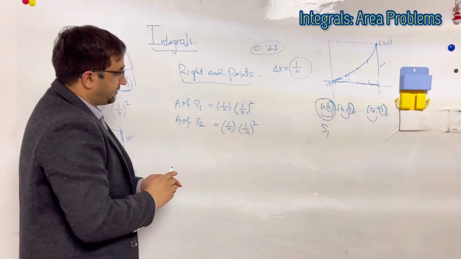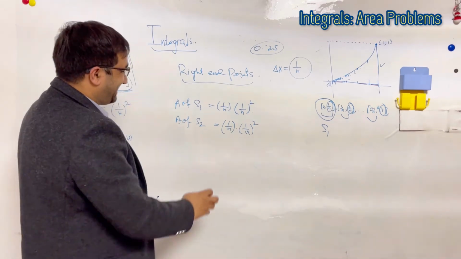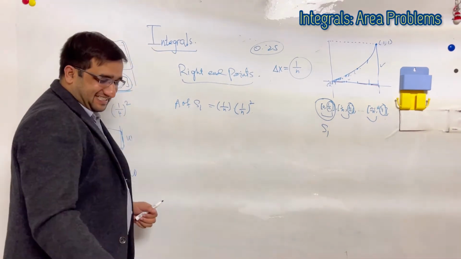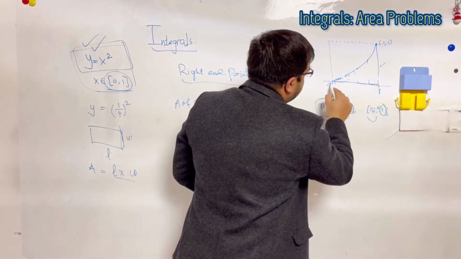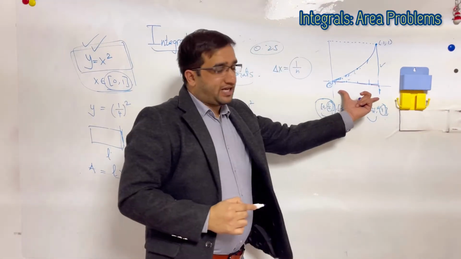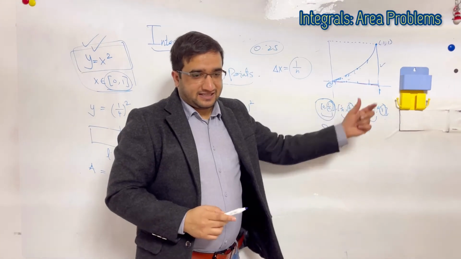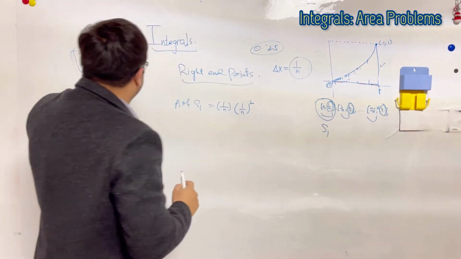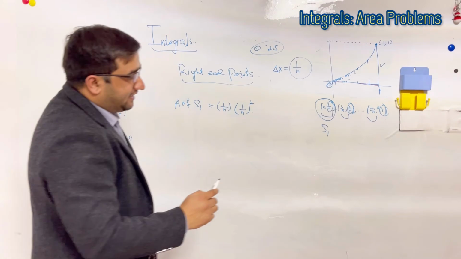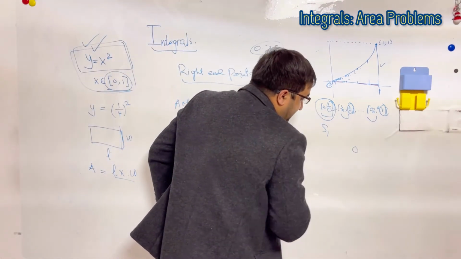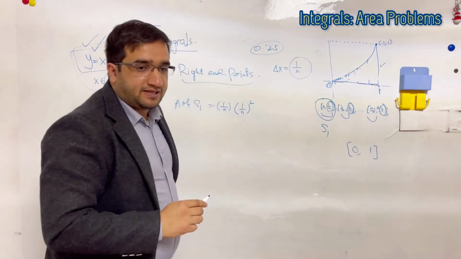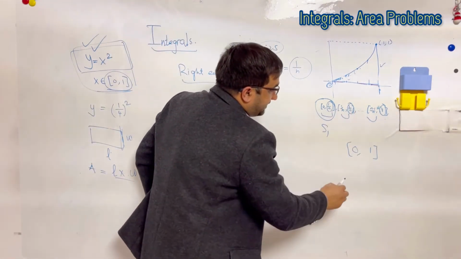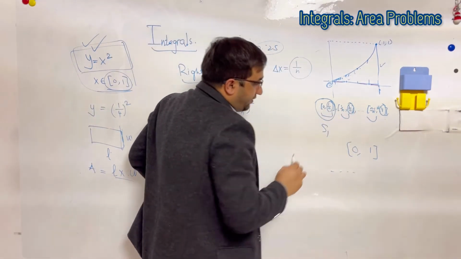I didn't get this point. Like how the width is 1 by n. Because what is this? This whole region is 1. Your interval is what? Interval is 0 to 1. So your initial point is 0, final point is 1. This is the big interval. I have divided this interval into whatever I am doing.